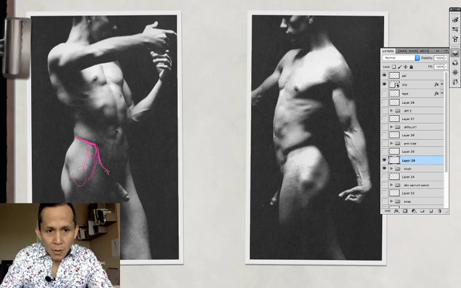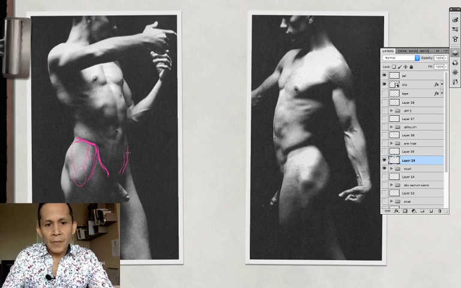His abdominal wall, if the model is lean, will help us to draw.